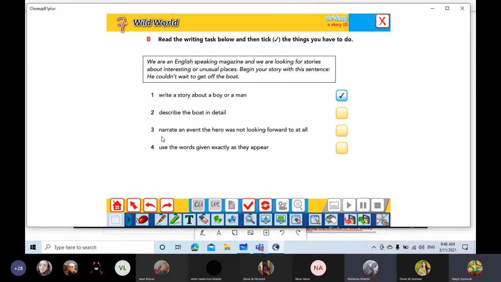Can you read it for me? Narrate an event the hero was not looking forward to at all. Why did we put X? Because here it says he wasn't looking forward. So here it doesn't make any sense regarding our sentence.